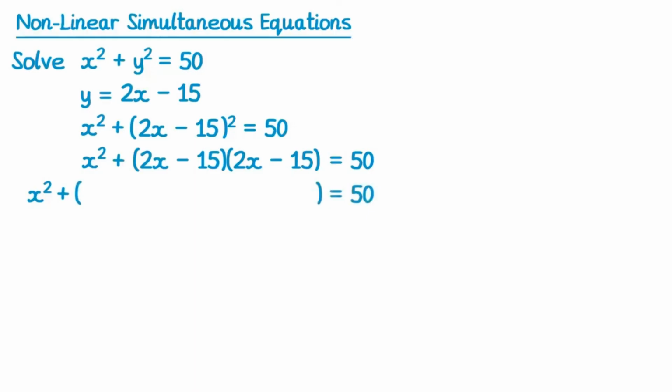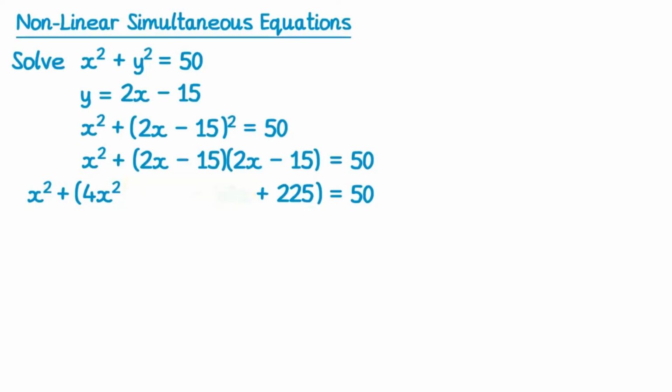So what do we get if we expand this double bracket? Well, we've got 2x times 2x, that's 4x squared. 2x times negative 15, that's negative 30x. Negative 15 times 2x, that's also negative 30x. And negative 15 times negative 15 is positive 225. Inside the bracket, we can simplify these two terms here.